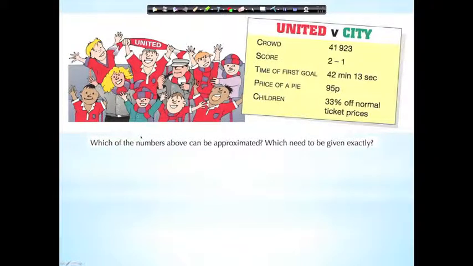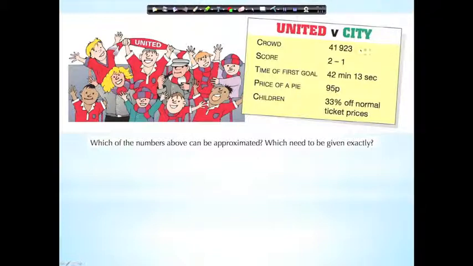So just to start off with, we need to think about which of these numbers can be approximated and which can be given exactly. Okay, so as we go down the list, number of people in the crowd, that can be approximated.